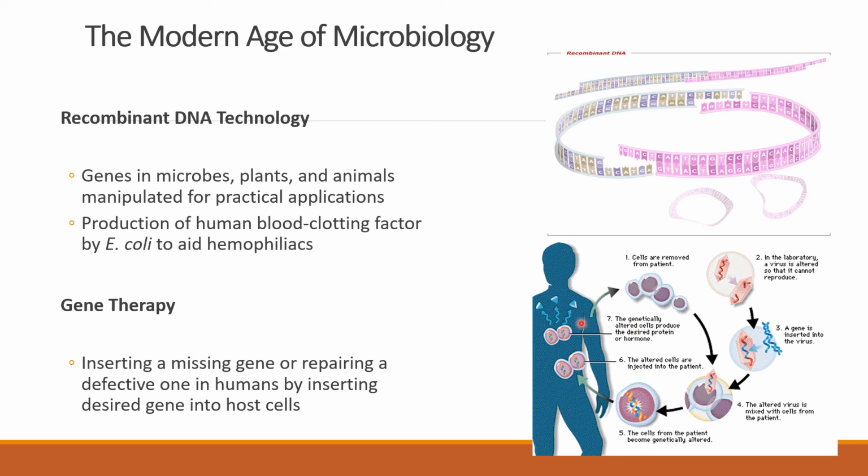So here, for example, the cells of the patient are removed, and then taken to the laboratory where viruses carrying your gene of interest infect these cells, and the gene gets inserted; these are the manipulated viruses. As these viruses attack the cells, random recombination takes place, and you have the human cells back, genetically altered.